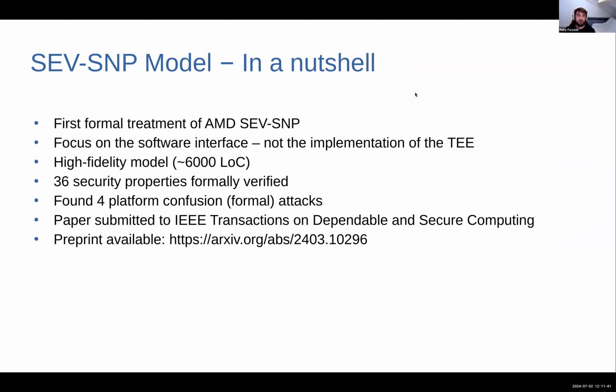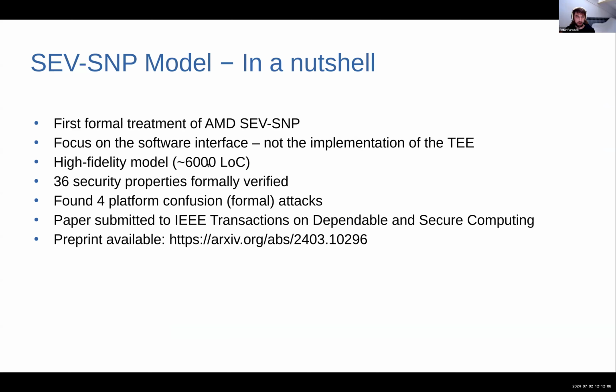And now, our model in a nutshell. To the best of our knowledge, this is the first formal treatment of AMD SEV-SNP. Again, we are not interested in the implementation of the TCB. We assume that all of these security guarantees that AMD specifies in the white paper hold, but we are more interested in what kind of security properties are provided to those that use this software interface. Our model is fairly large.